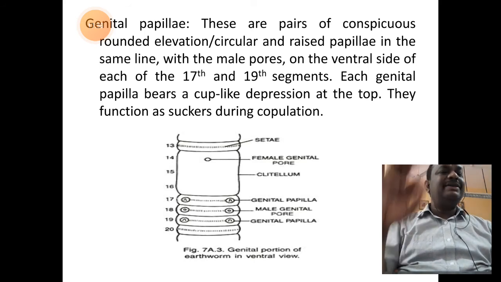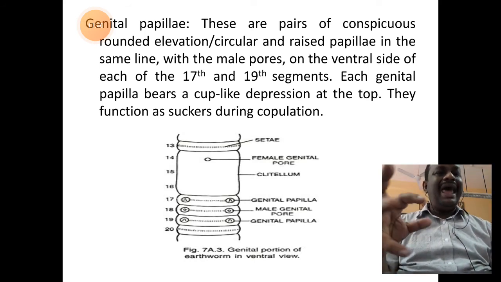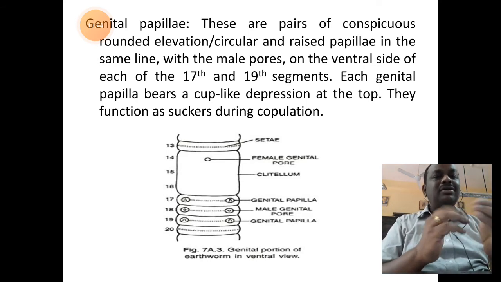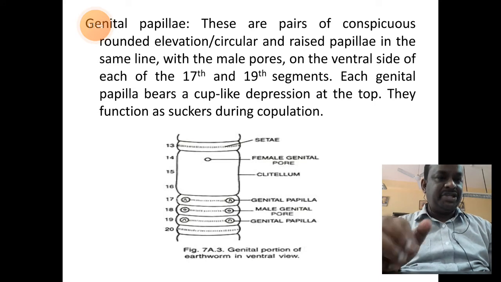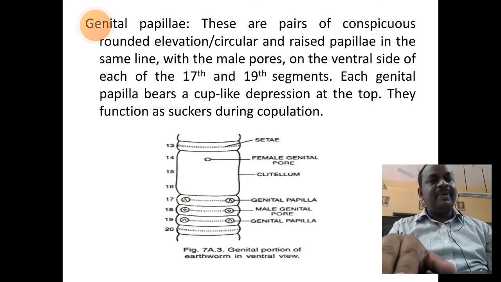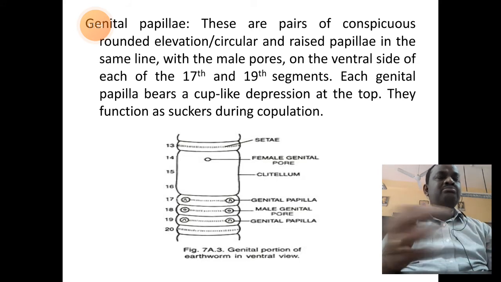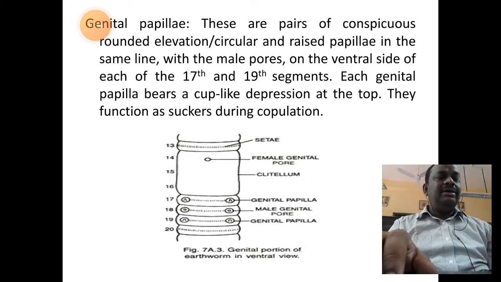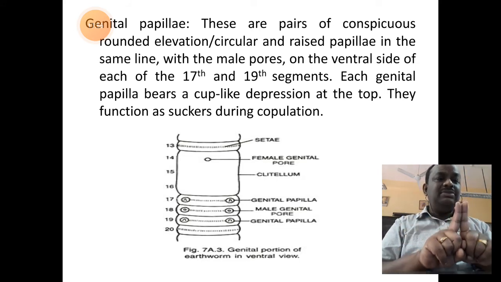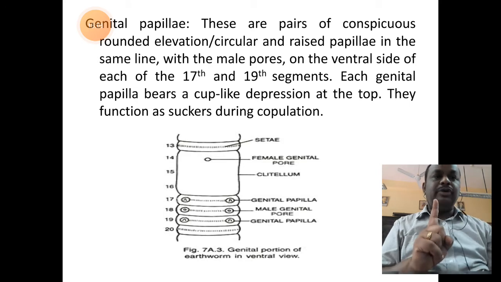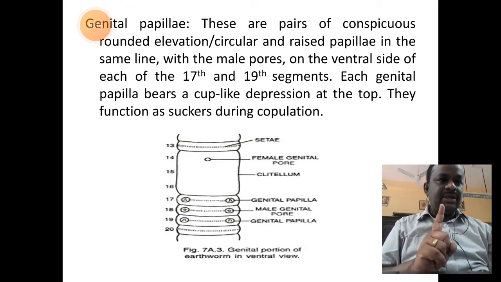What is the importance of these structures? They help in holding the other organism during the process of pseudo-copulation. Students, remember, pseudo means false, copulation means mating process. Here, two earthworms, even though they are hermaphrodites, their male and female gametes of the same animal will never fuse, never fertilize.